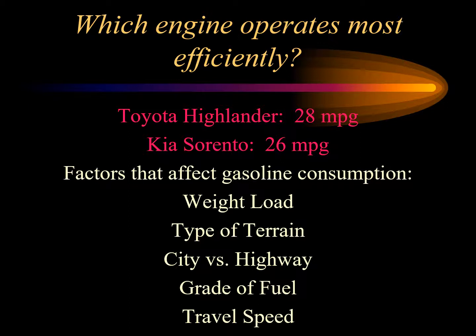So in my example here with the Highlander and the Sorento, we've got factors like the weight load of the car. That's certainly going to impact your miles per gallon, the type of terrain you're driving on, whether you're driving city or highway, what grade of fuel you're using, what is your travel speed. So all those things are going to impact the miles per gallon.